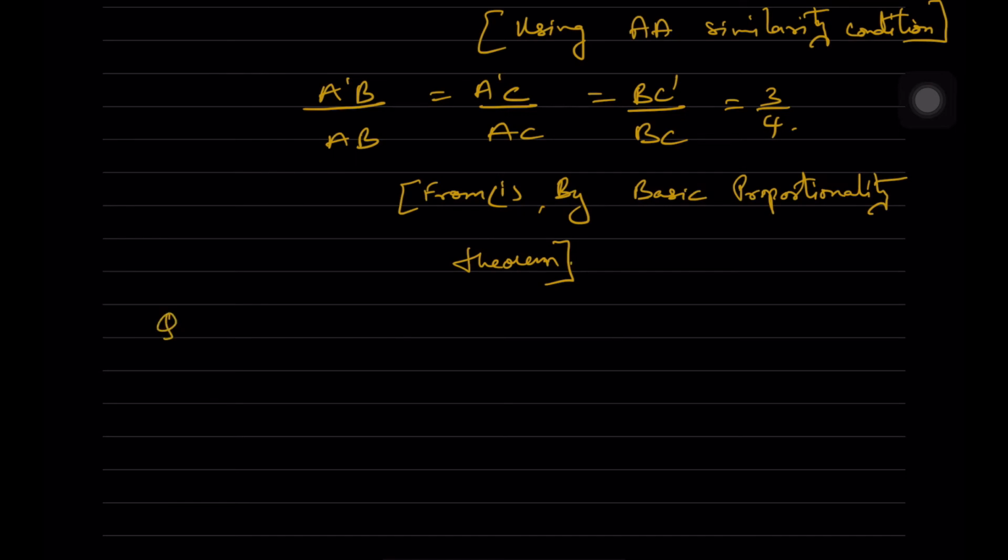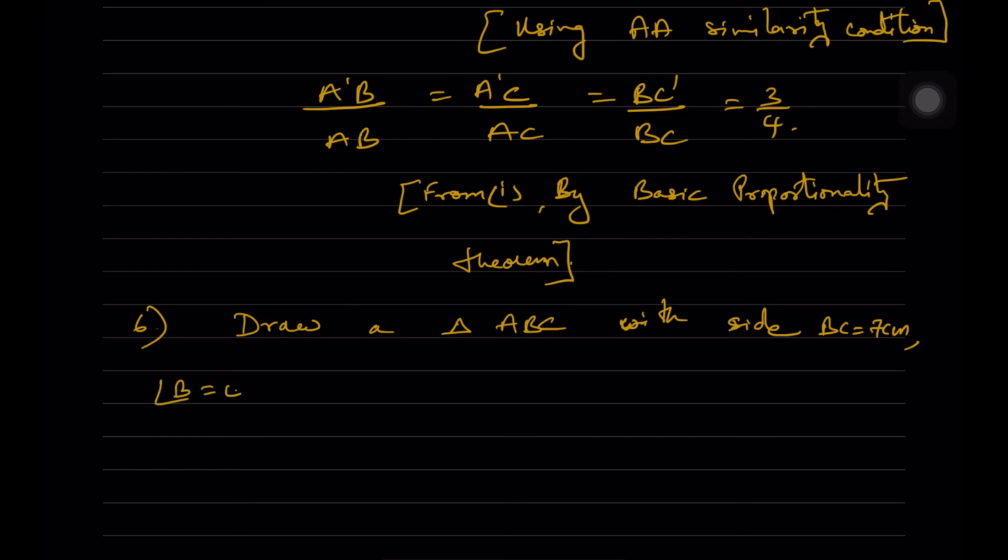Now the sixth question. Draw a triangle ABC with side BC equal to 7 centimeters, angle B equal to 45 degrees, angle A equal to 105 degrees.